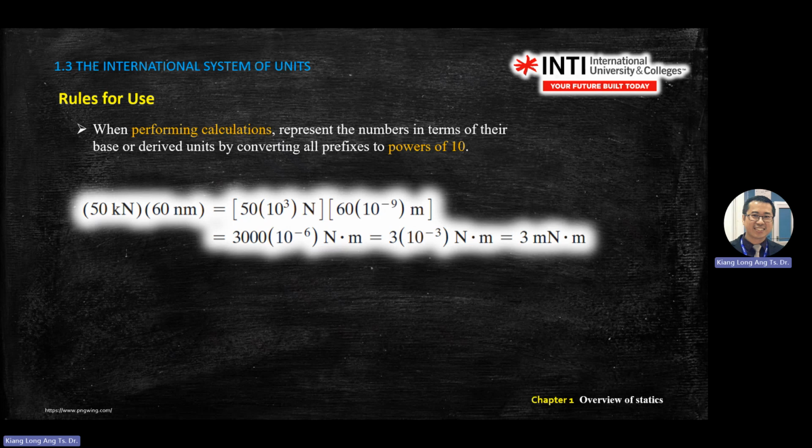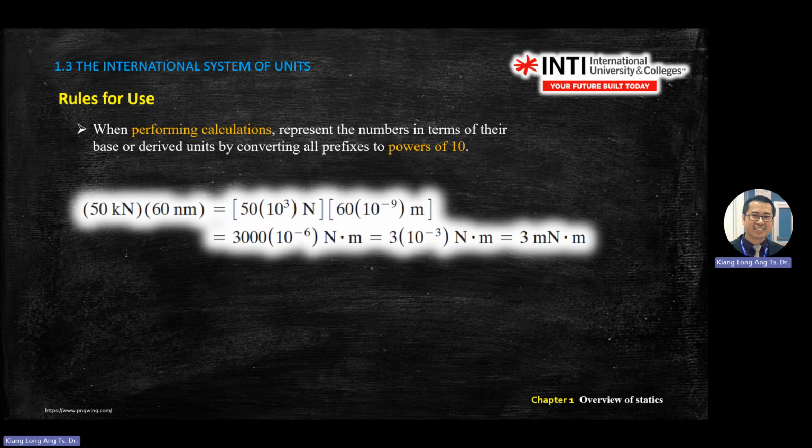And if you are weak in multiplication of index or powers, you need to do your homework lah. Go back to your mathematics and do homework. So this one multiplied by this one is plus. So 3 plus minus 9 is minus 6.